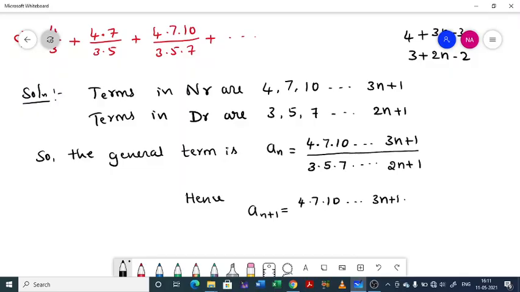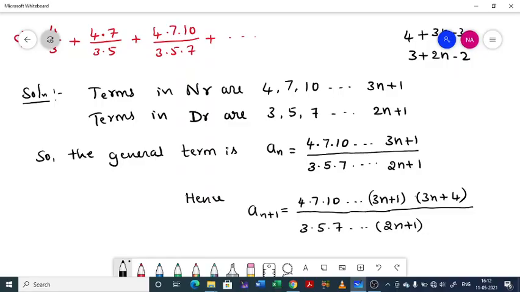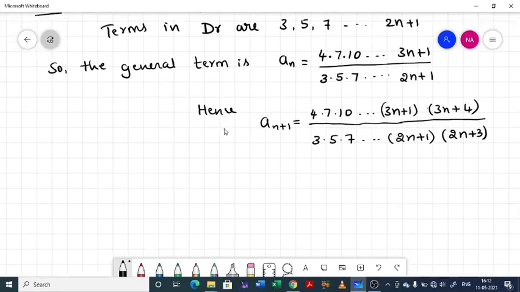It will be 3n plus 4 divided by 3 into 5 into 7 and so on, 2n plus 1 into, again adding 2, 2n plus 3. So that is an plus 1.